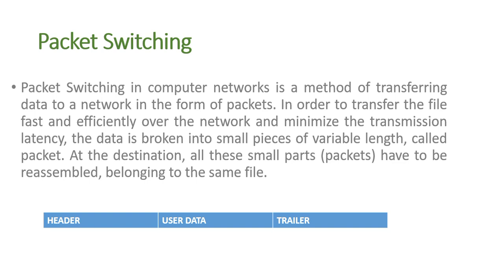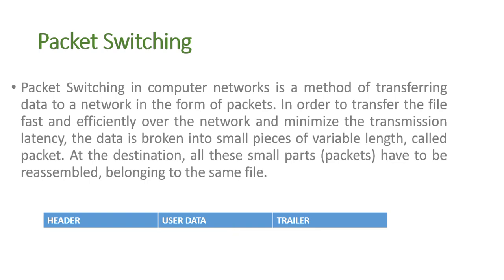Each packet contains a header. The header specifies the beginning of the packet and contains the source and destination address, like who is sending the data and where it has to reach, the packet number, all those things. Then the user data contains the information that you have to transfer.